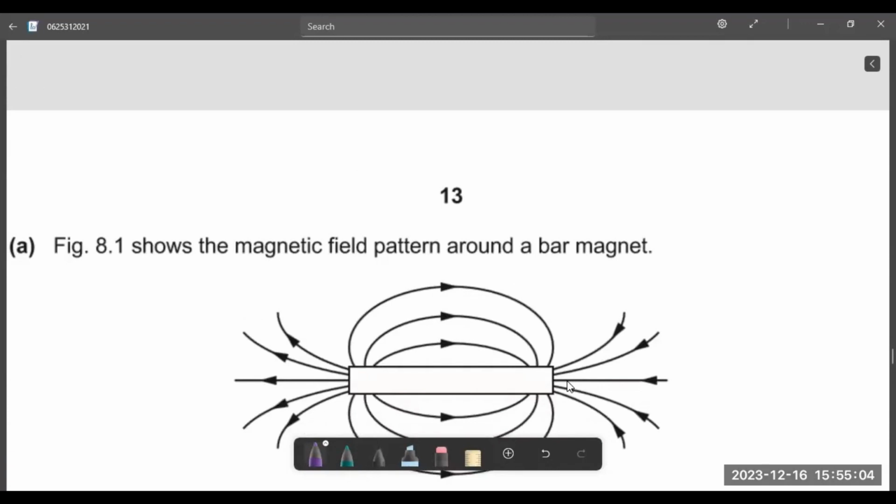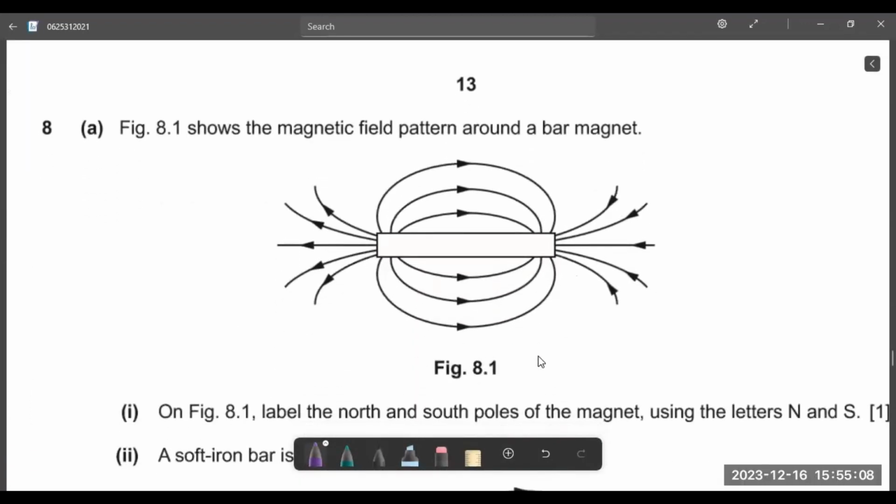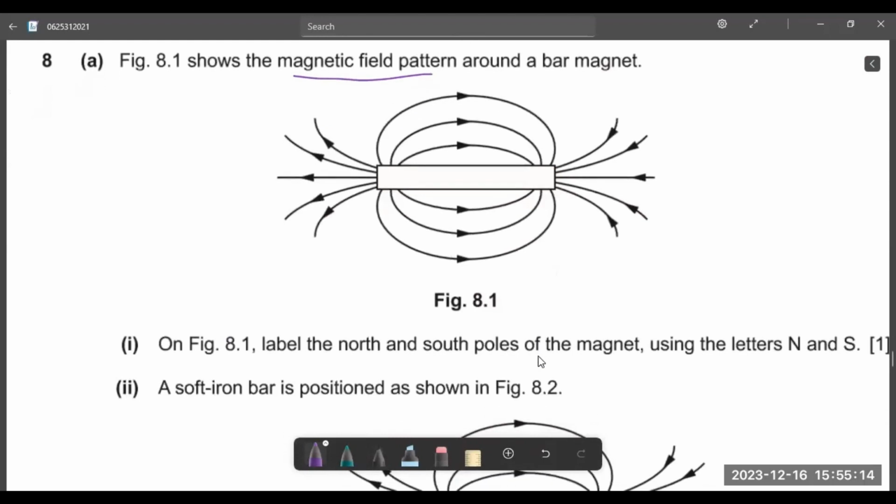Next, figure 8.1 shows a magnetic field pattern around a bar magnet. On the figure, label the north and south poles of the magnet. Use letters N and S. So here arrows have been shown, right?